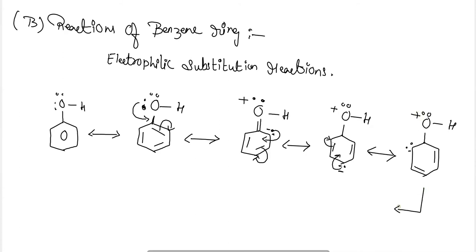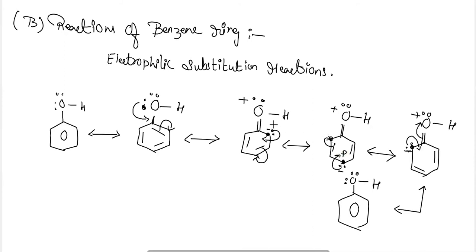On moving further, again this lone pair will get converted into the pi bond, and the double bond will again form the lone pair on the oxygen atom, and we get the structure of the phenol again. So you can observe that in this condition there is the ortho position, and in this condition the para position.